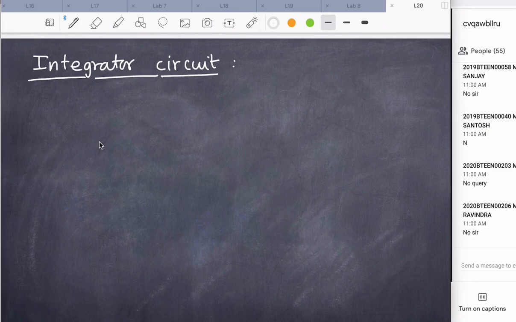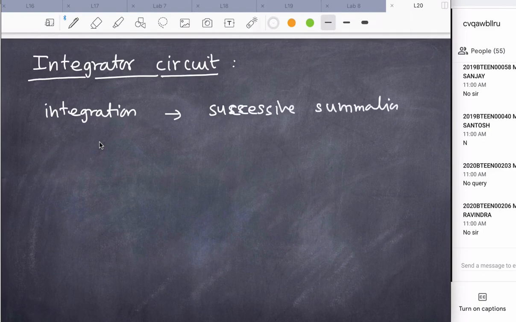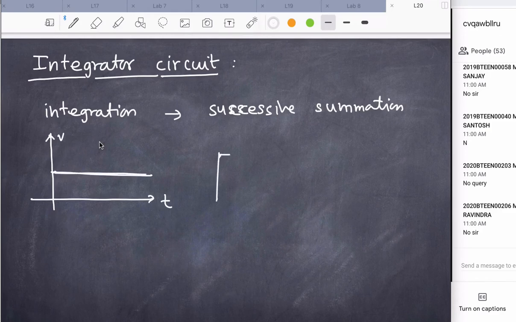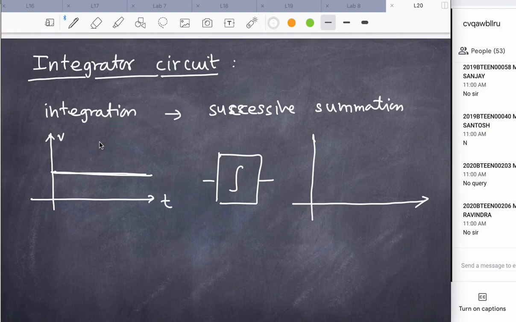Right. So when we talk about integration, it is successive summation. It means, suppose you have a constant voltage signal against time, and you pass it through an integrator circuit, then the output will be a signal which is increasing.